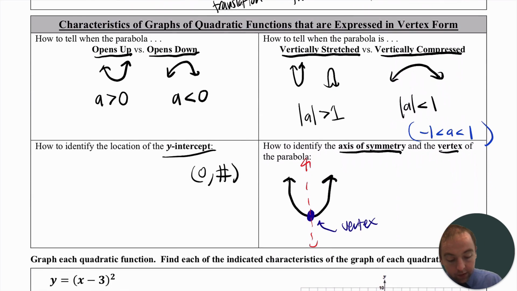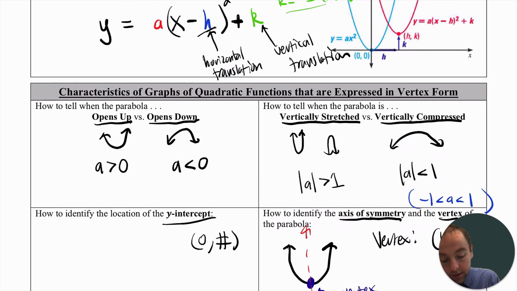Because of all that convenience, it turns out that the vertex of your graph will have coordinates h, k. In other words, this number and this number tell you exactly where that vertex is going to be because they correspond to the exact number of horizontal units of shift as well as vertical units of shift.